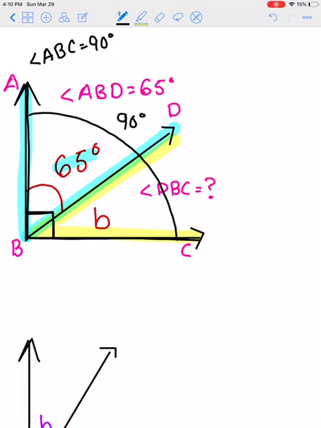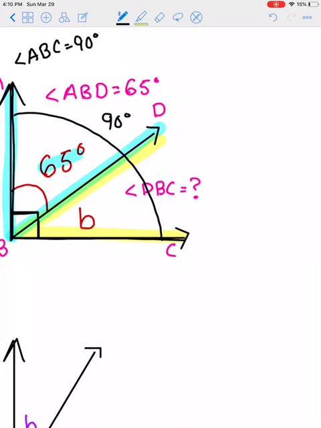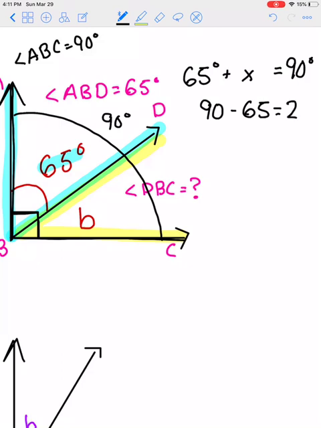So I have to think to myself, I know that the whole thing is 90 degrees, and I know that one measure is 65 plus X would give me 90 degrees. You can also subtract 90 minus 65, and that would equal 25 degrees.